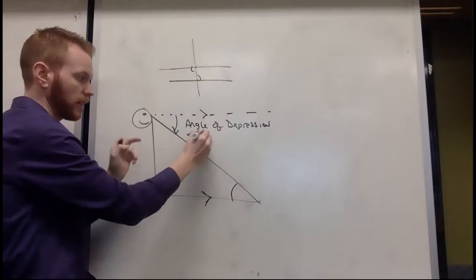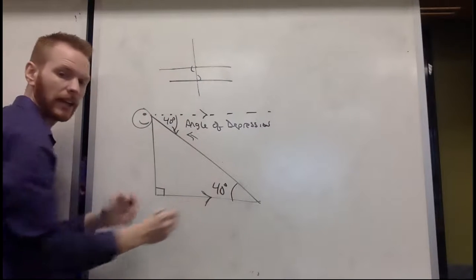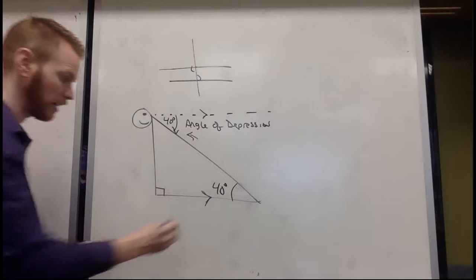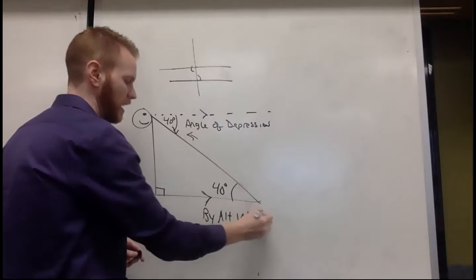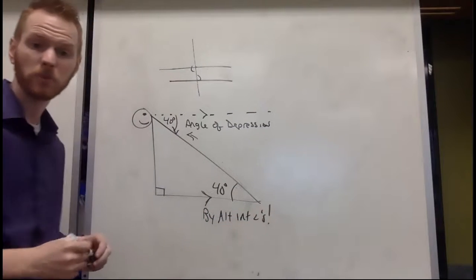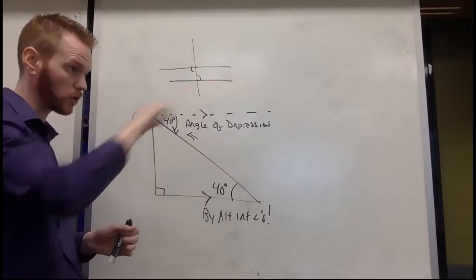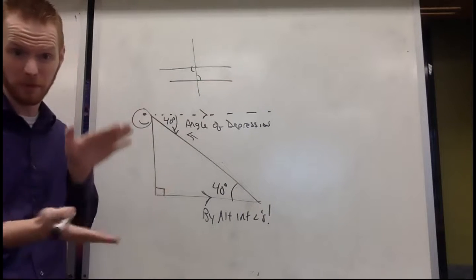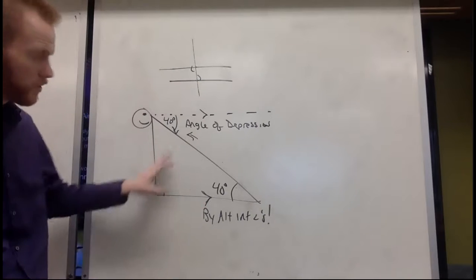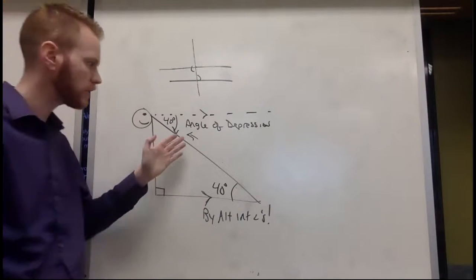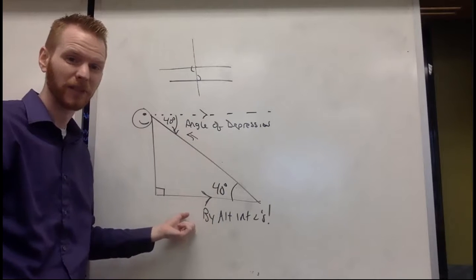So if this is like a 40-degree angle of depression, this guy is a 40-degree angle of depression, by alternate interior angles, using the principle that the ground is going to be parallel to your eye level when you're looking straight out. And it is. Okay, there are parallel lines. They're both horizontal trajectories there. Does that make sense? So realistically, an angle of depression problem is really not much different than an angle of elevation problem.